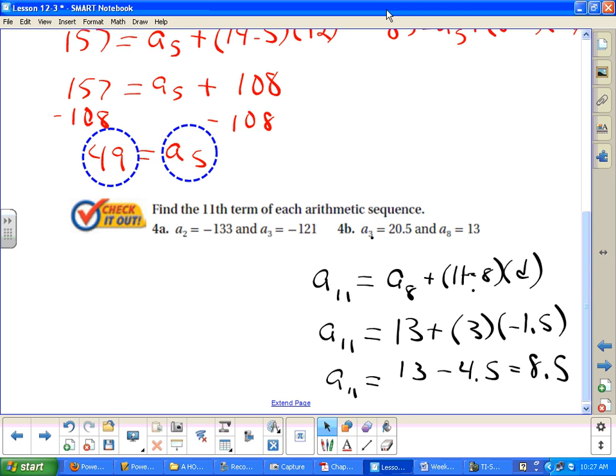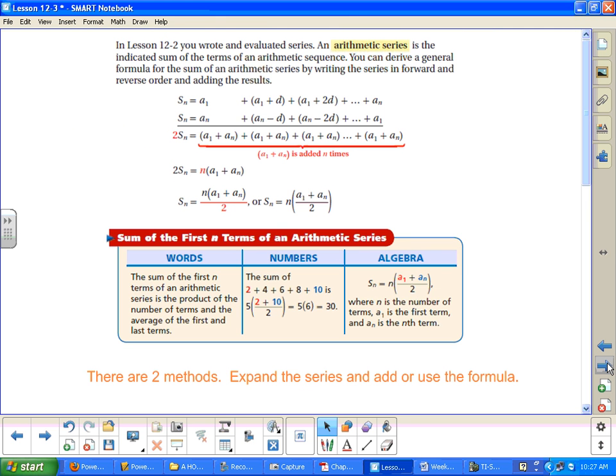Okay? Now we're going to look at what if I'm adding them all up. So what if I'm going to find the sum of that group of terms, which once again, reminder, is called a series. An arithmetic series is when we take all those numbers and we add them together. We looked at that yesterday. And with an arithmetic series, you could use summation notation and expand and add them all up.